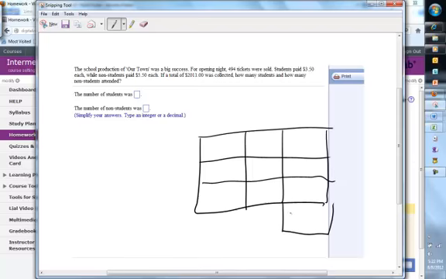So we have 2,011 was collected. These are $350 each, and these are $550 each. Let's call this students. We know the total was 494. We don't need to worry about multiplying because it already was multiplied. And so this will be 494 minus students.